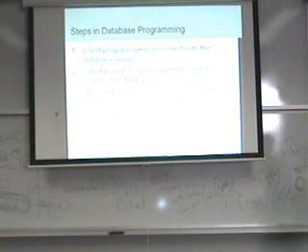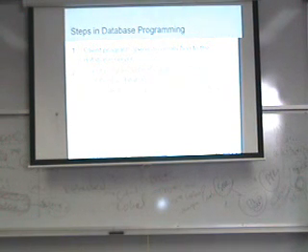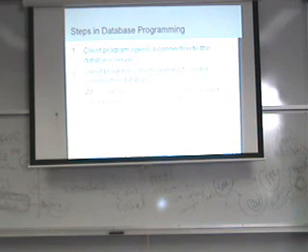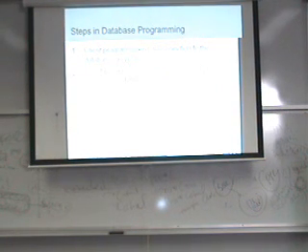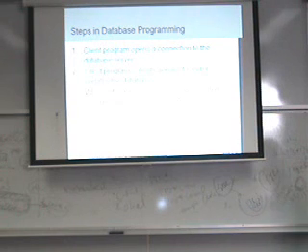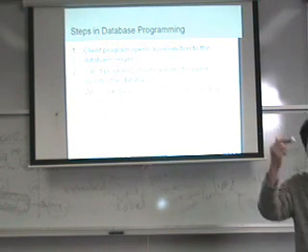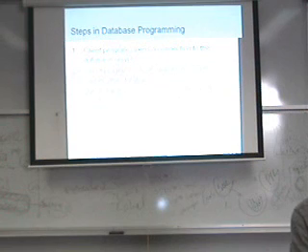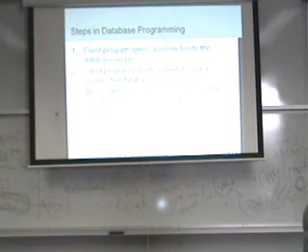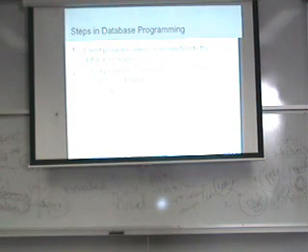These are the basic steps to do database programming. First, you need to connect to the database in your host program, in your Java program, your C program, your C++ program. Without connection, there's no way to access the data. But in a host language, there's no concept of connection, right?